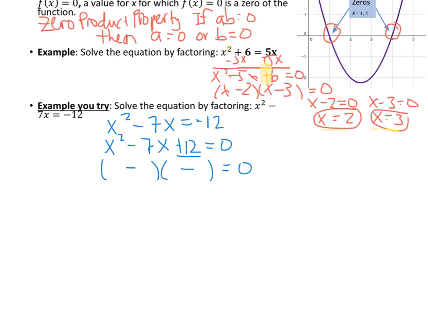Because the middle term is negative, my signs will both be negative. Factors of 12 that give me 7 are 3 and 4, and we just place our x. The zero product property says we set each of these expressions equal to 0, and therefore our solutions are x equals 4 and x equals 3.